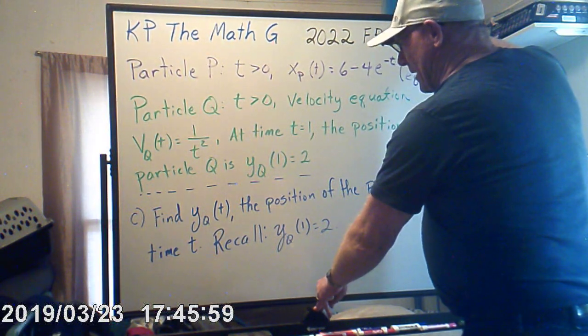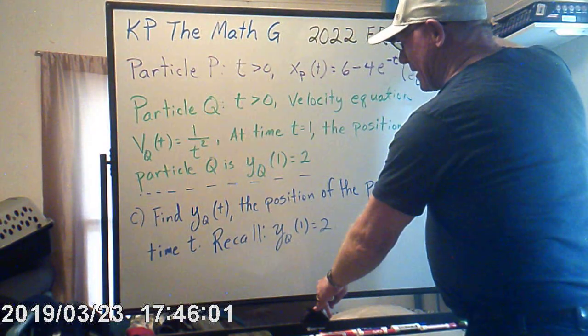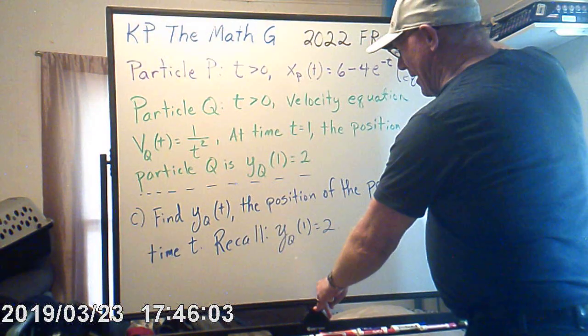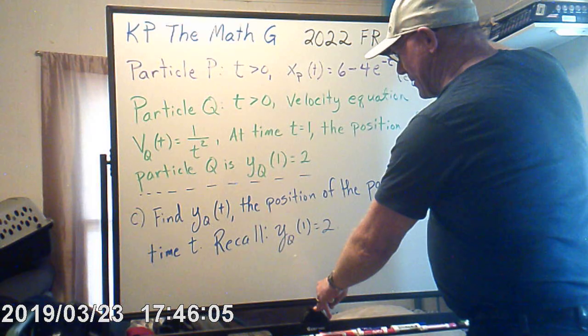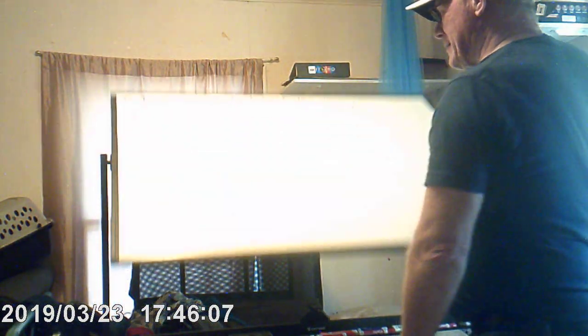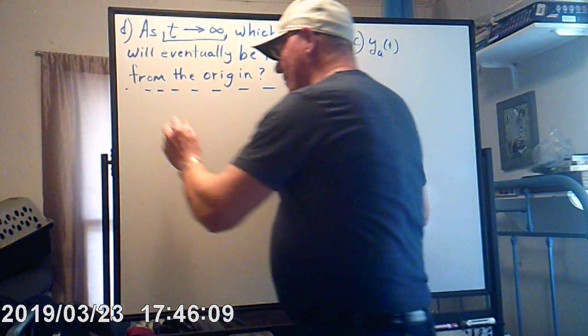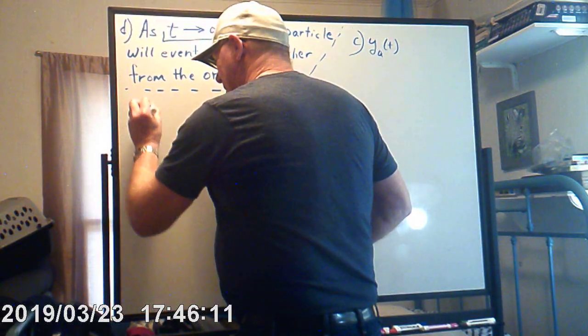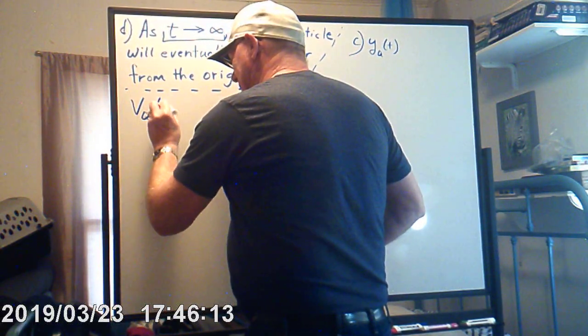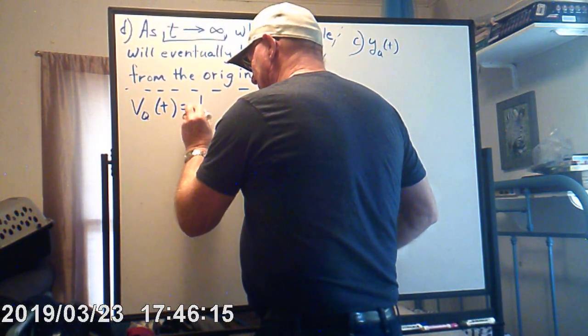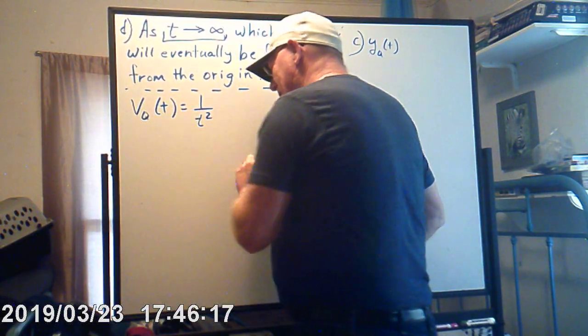So let's see. V at t is equal to 1 over t squared. VQ at 1 is equal to 2. Alright, so VQ at t is equal to 1 over t squared.